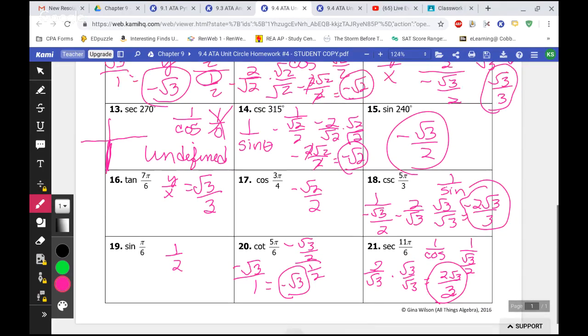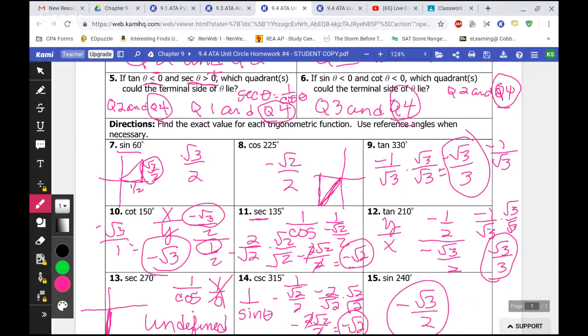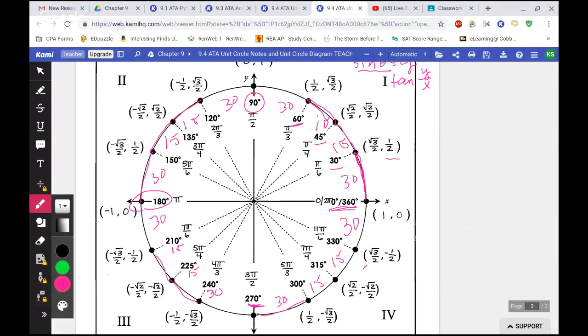Number 7 on the homework, you're going to be looking at the unit circle and you're going to be saying to yourself, sine 60, which is the y variable. Yes, ma'am. And what's the y variable on 60? Root 3 over 2.